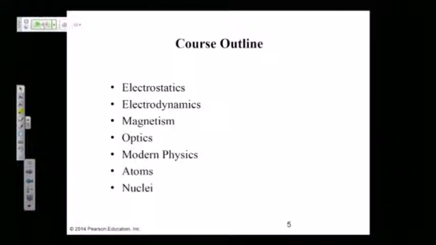Then after that, you learned about momentum and impulse. You learned about two important conservation laws, conservation of energy and conservation of momentum. You learned something about thermodynamics, heat, and sound.